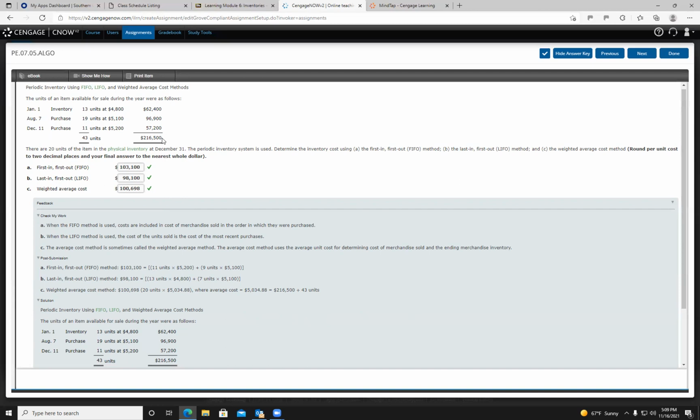And you divide that by your total number of units available for sale, which was 43 units. I'm sorry, not the month, we're doing a whole year. We had a total of 43 units available for sale for the year. So we take the total cost of all the inventory and divide it by the total number of units that were available for sale during that period.